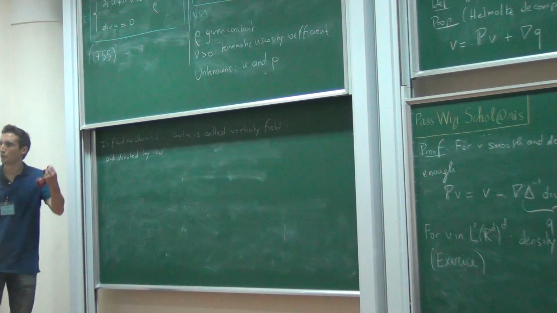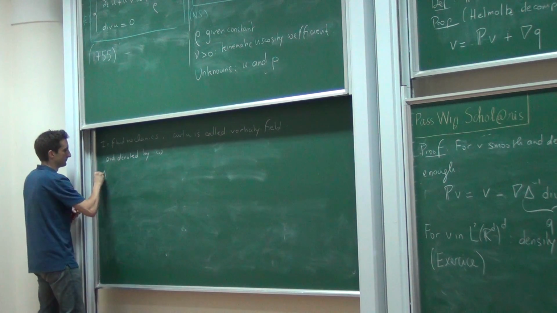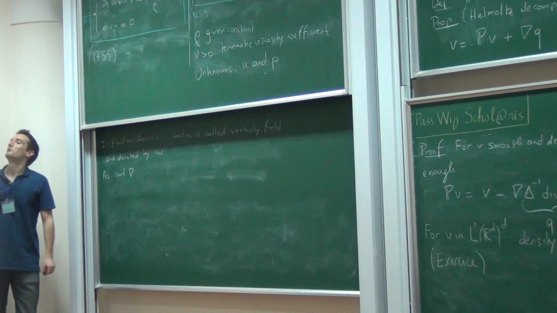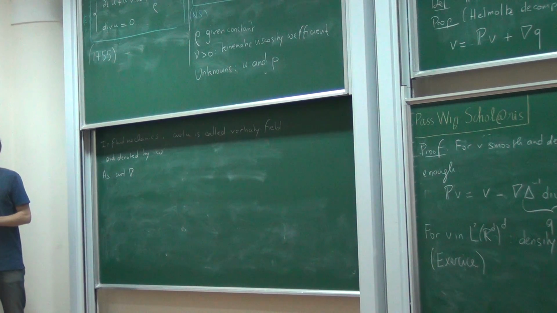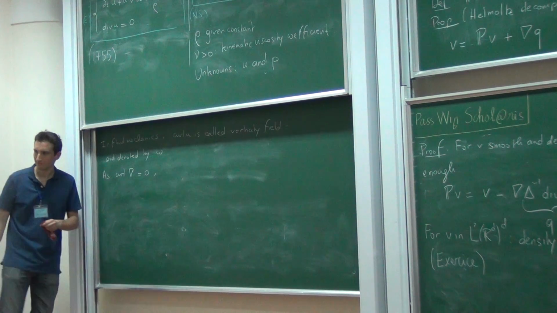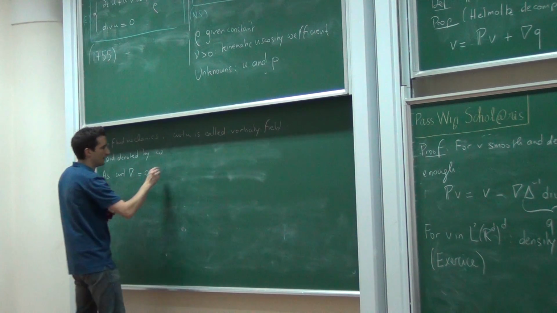So what is the point with the curl? The curl, when you apply it to a gradient, gives you 0. So it's another way to get rid of the pressure in fluid mechanics equations.